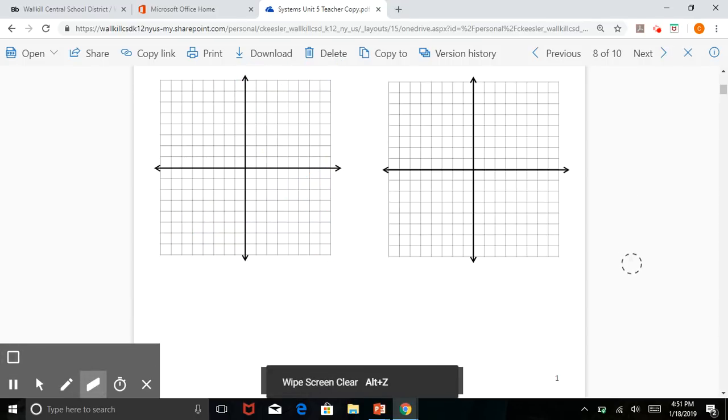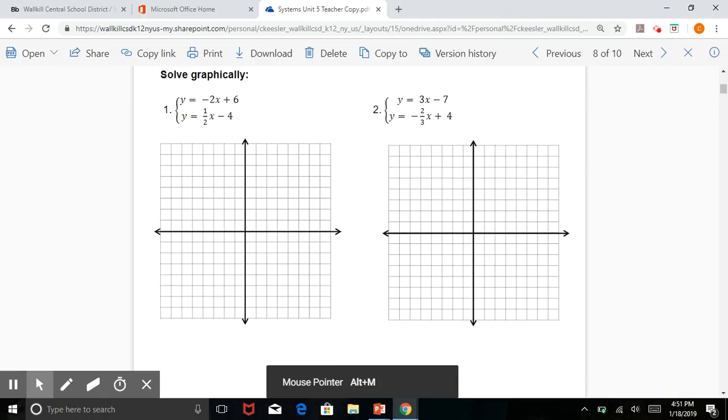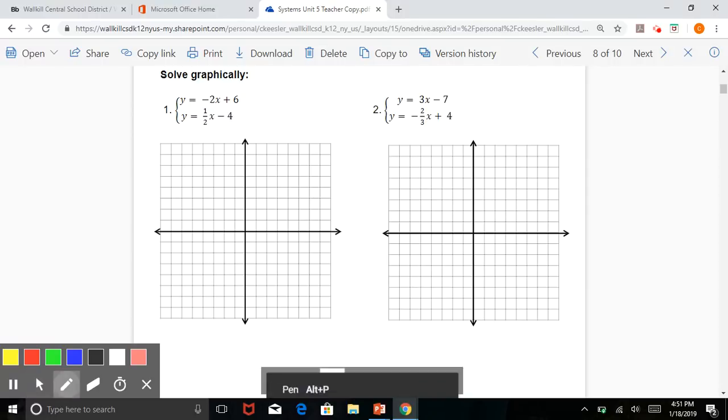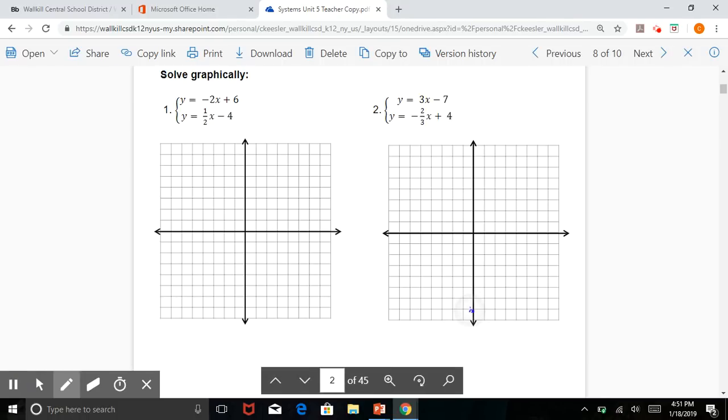Taking a look at number 2, we have y equals 3x minus 7. So we start at -7 on our y-axis. And we count up 3 and over 1.